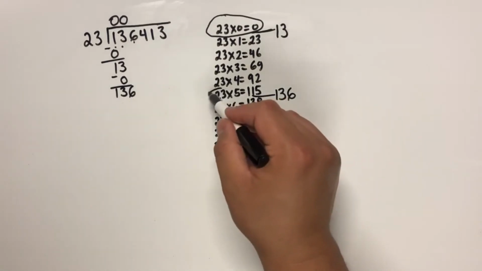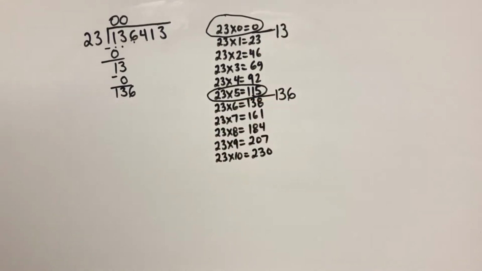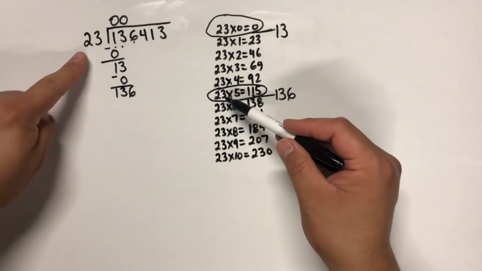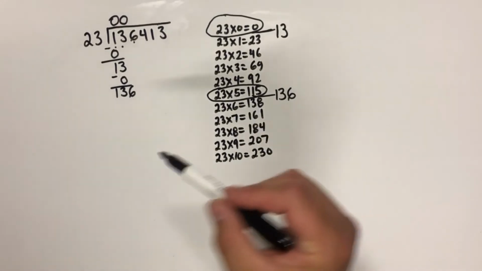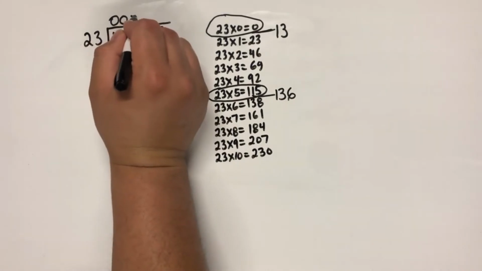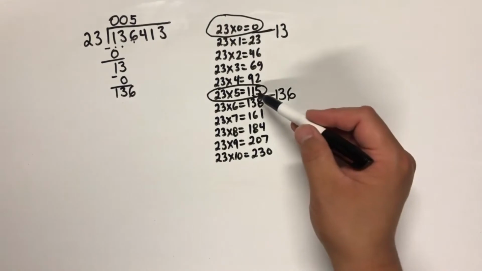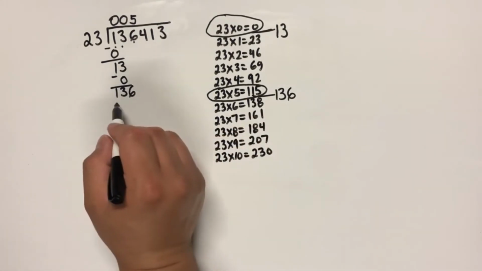So I'm going to choose that expression, 23 times 5 equals 115. The number 23 is this number 23 right there. The number 5 goes on top of the number 6, and the 115 goes underneath that 136 right here.